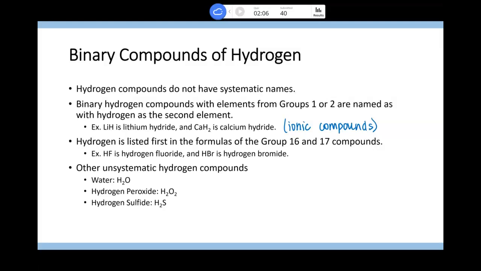And then there are other unsystematic names for molecules with hydrogen, like H2O is just water. That's the name we have for H2O. Hydrogen peroxide is H2O2. Hydrogen sulfide is H2S. You don't necessarily need to memorize all of the different hydrogen names, but you'll come across these in chemistry, so just keep in mind that the names don't follow our typical rules.